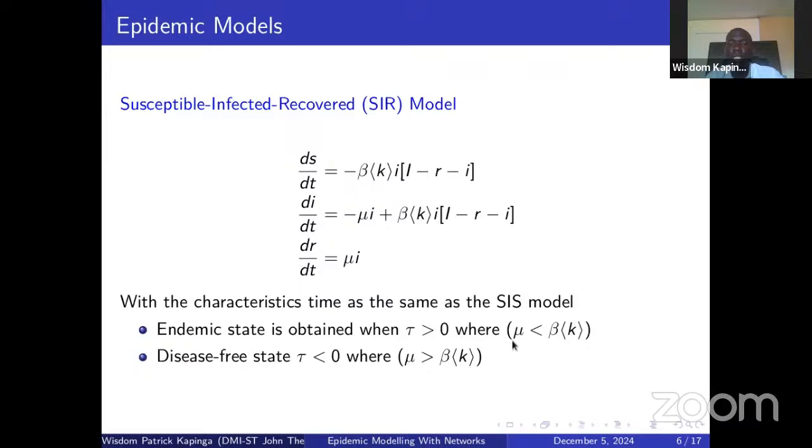For example, when you have a scenario whereby the recovery rate is less than the transmission rate. So if fewer people recover from the pandemic, and the transmission rate is high, then the disease is in an endemic state, and the characteristic time is obviously greater than 0.